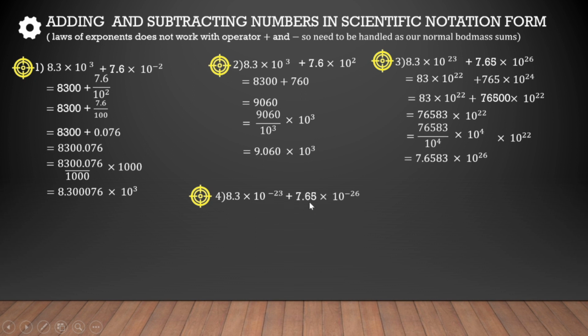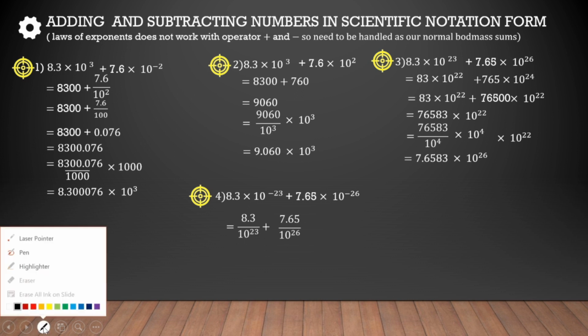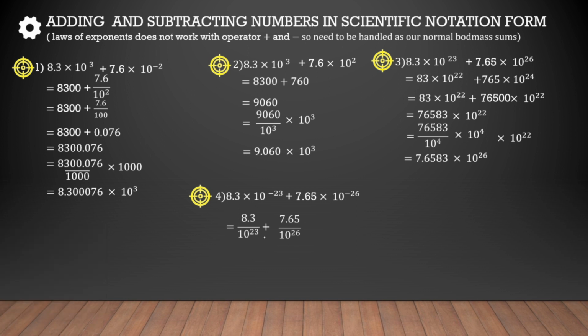Next sum. Here the powers are negative. You know how to deal with them. We have to convert them into positive powers first, so they will become fractions. Now we have to make the powers the same. Okay, this is 10 raised to power 23. So what will we do? We will actually multiply this with 10 raised to power 3. And so here also 10 raised to power 3.